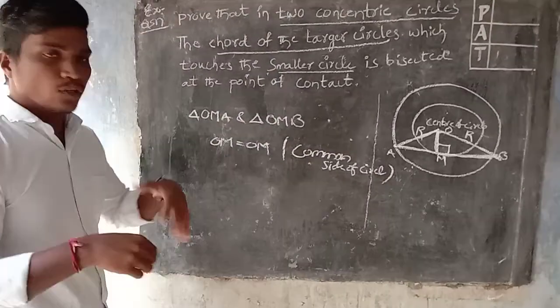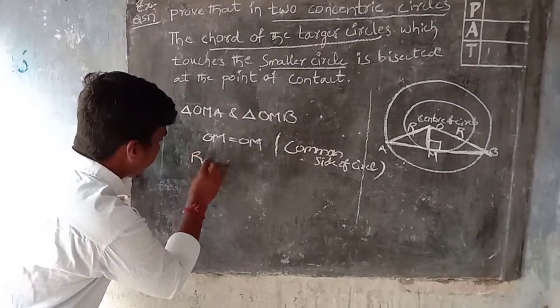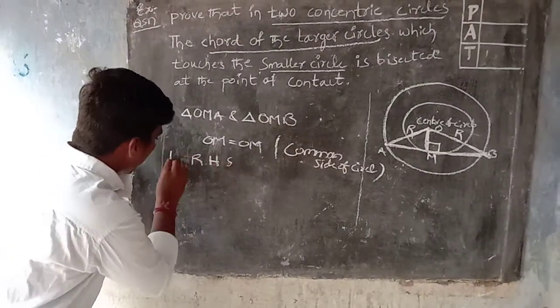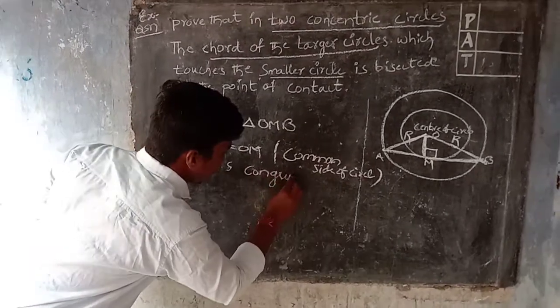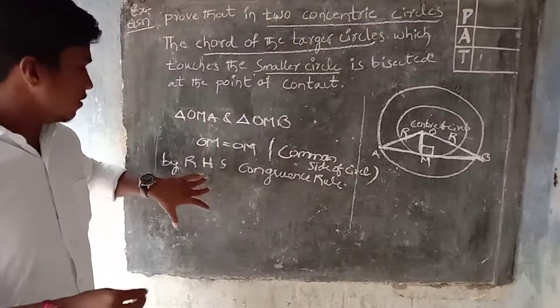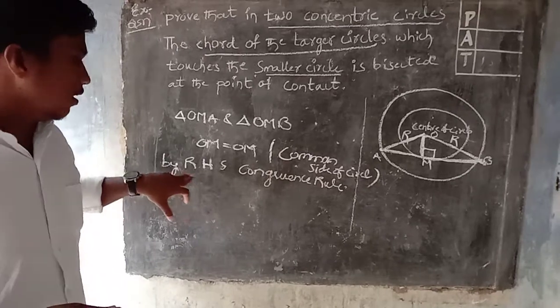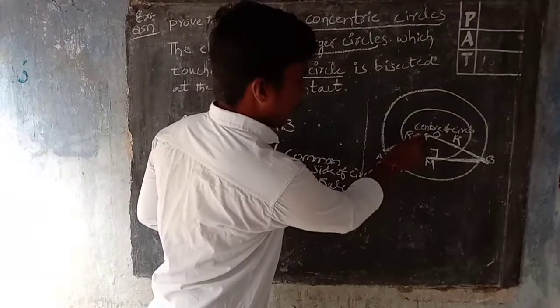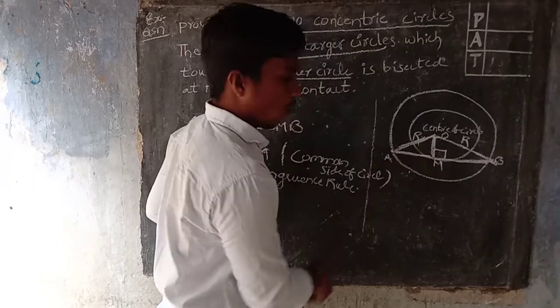And we know that by the RHS, right hand side, congruence rule. Why am I using this congruence rule? Here this is the hypotenuse, this is the adjacent side and this is the opposite side.